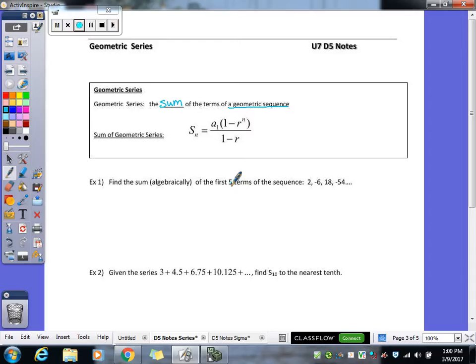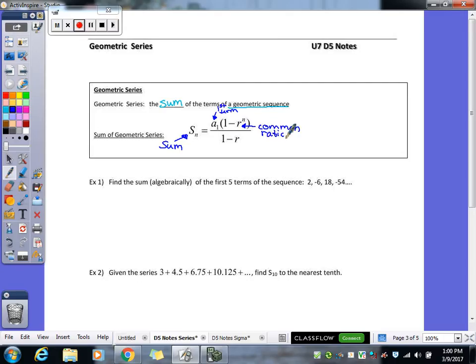Again, our S would stand for what? Sum. Our a sub 1 is our what? First term. Our r stands for our common ratio.